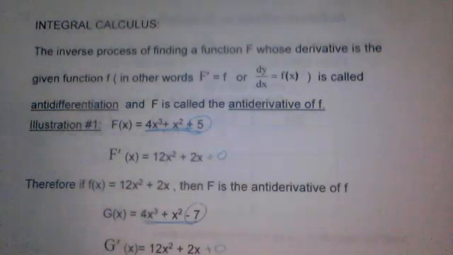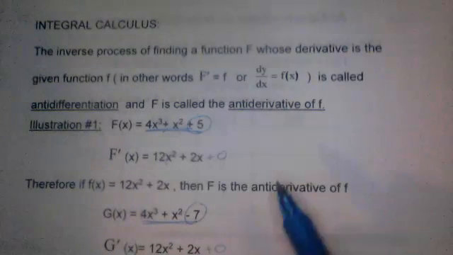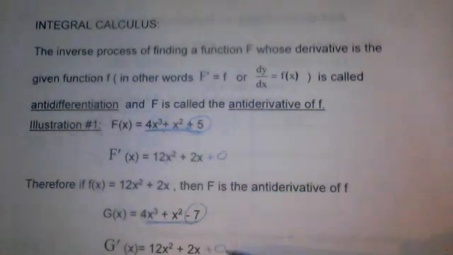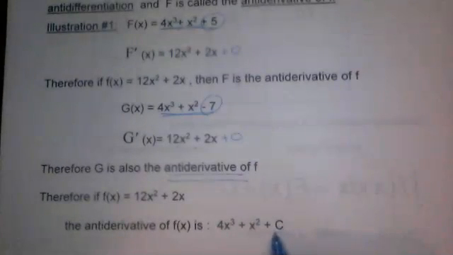They have a shift on them, up or down, and so whenever we are taking the antiderivative, because the constants on the end end up being 0 in the derivative, when we take the antiderivative of those functions, we're going to have to add a plus c on the end of that.